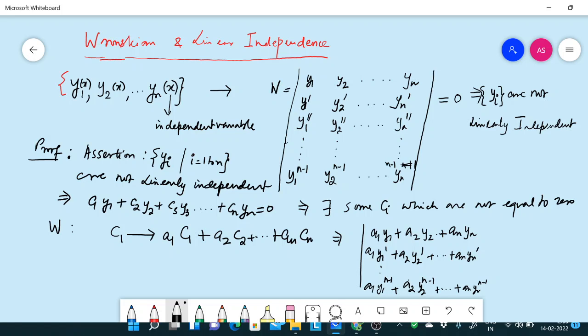This is your first column after the column transformation. The other columns remain as they are.